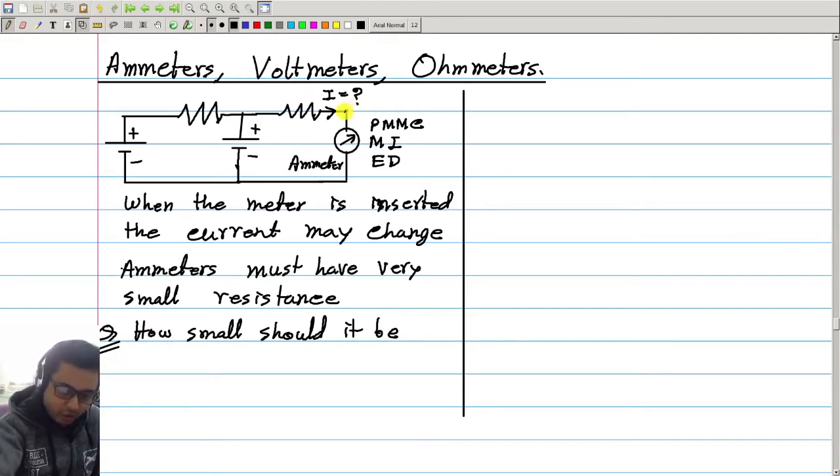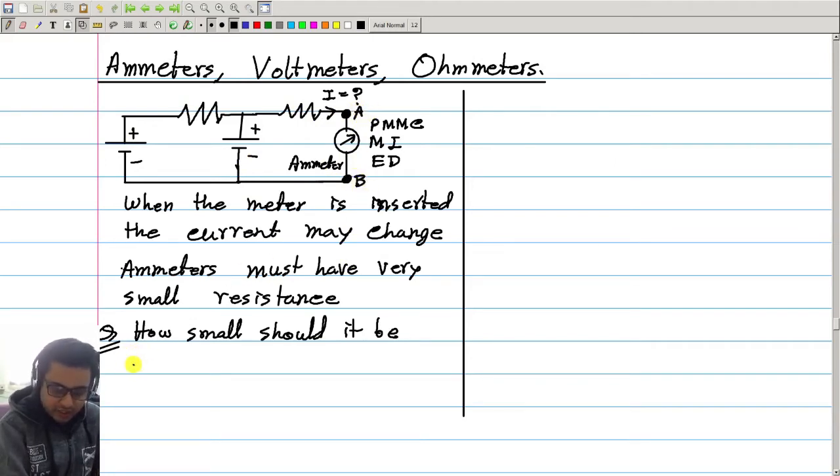So consider this circuit as seen from these two terminals. Let me call it AB.